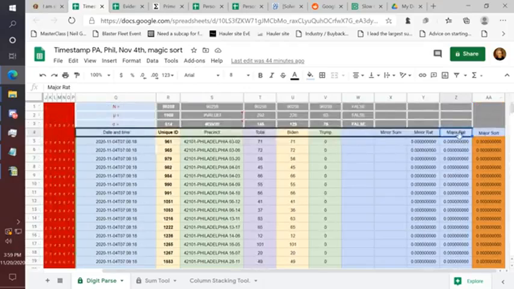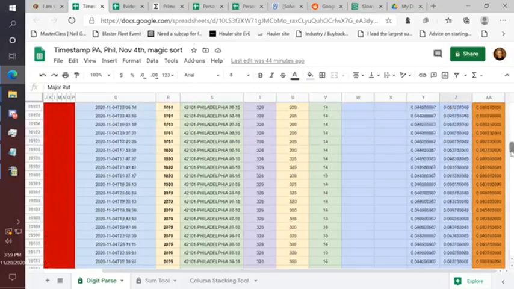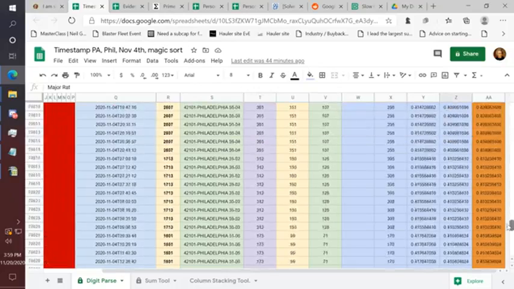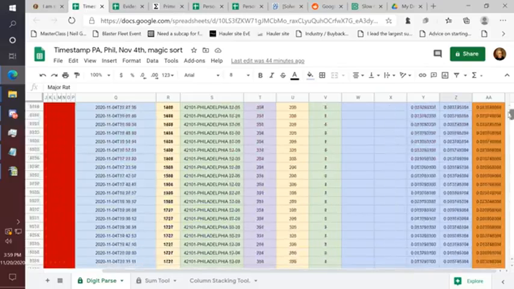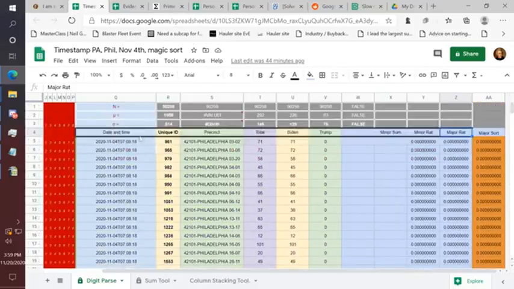The major ratio is Trump's votes divided by the total votes. Okay? The second priority in the sort, after the major ratio, was the date and time, and then by the precinct. Hold on one second.